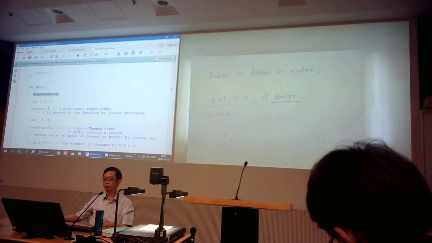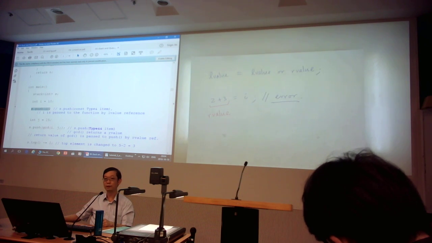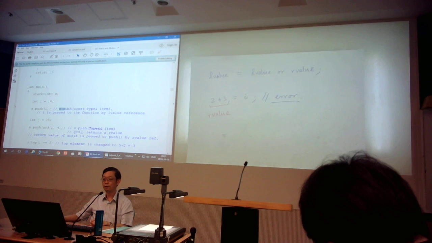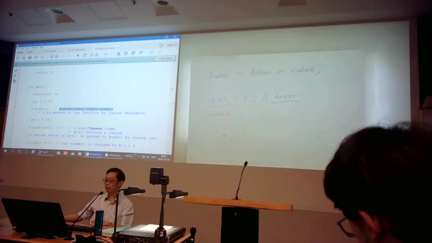When you're calling this push function, you provide an L value in the parameter. Then the compiler will use this version of the push. So you are pushing an L value by reference.